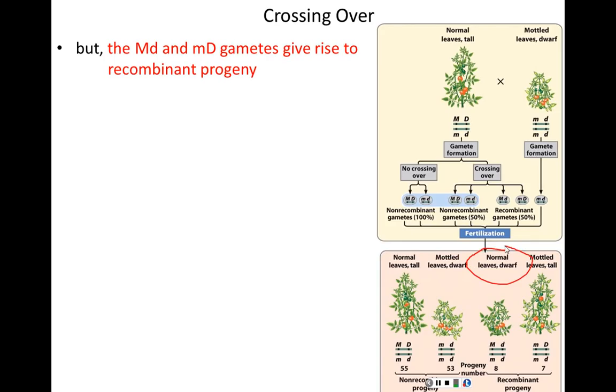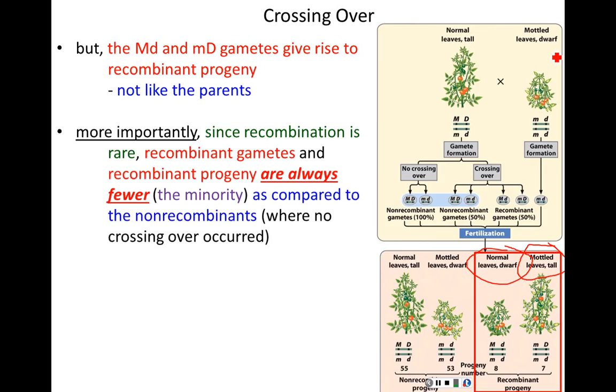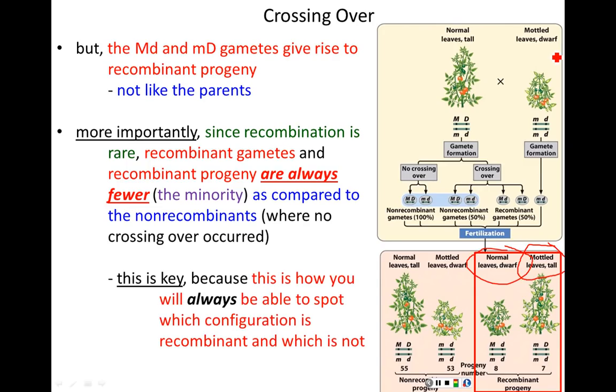Normal leaves and short, not in either parent. Mottled leaves and tall, not in either parent. More importantly, since recombination is rare, recombinant gametes and recombinant progeny are always going to be the minority offspring as compared to the non-recombinants, where no recombination occurred.